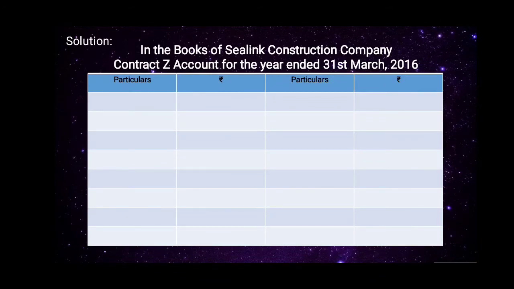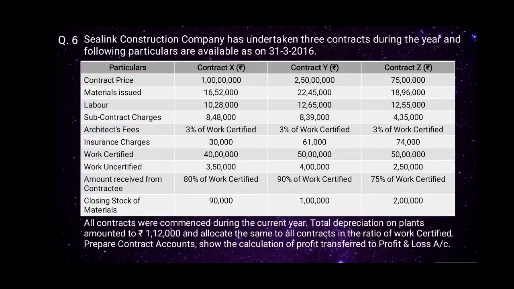Now let us prepare contract Z account. In the books of Ceiling Construction Company, contract Z account for the year ended 31st March 2016. In the given table, the first expense is materials issued. So contract Z amount is given as 18,96,000.